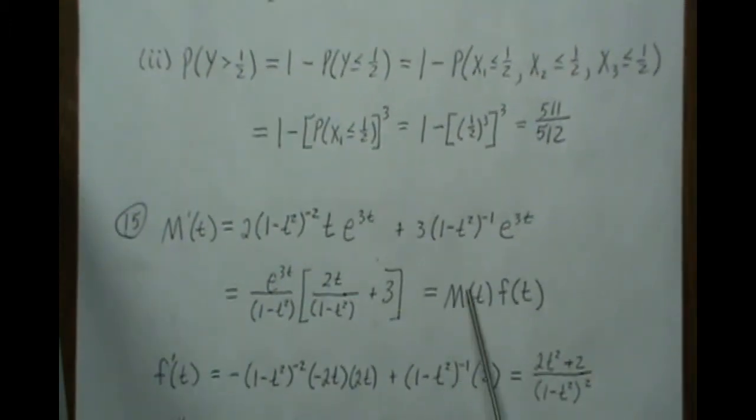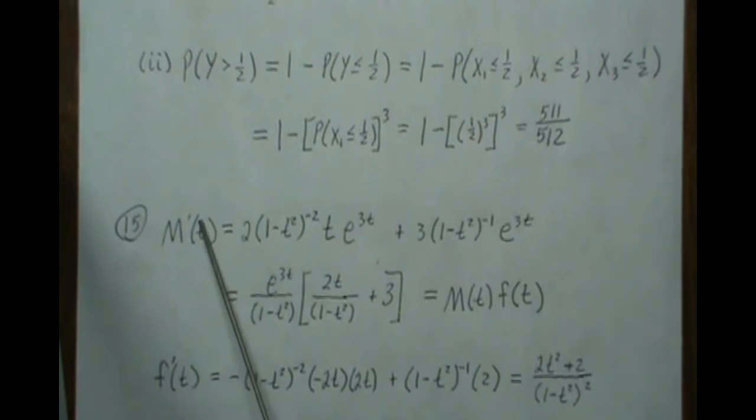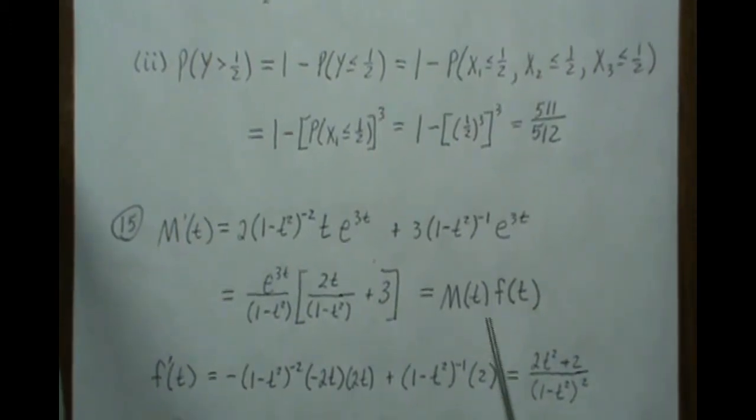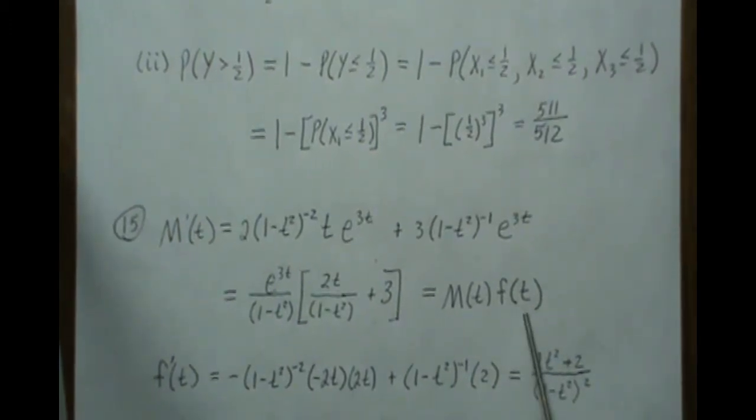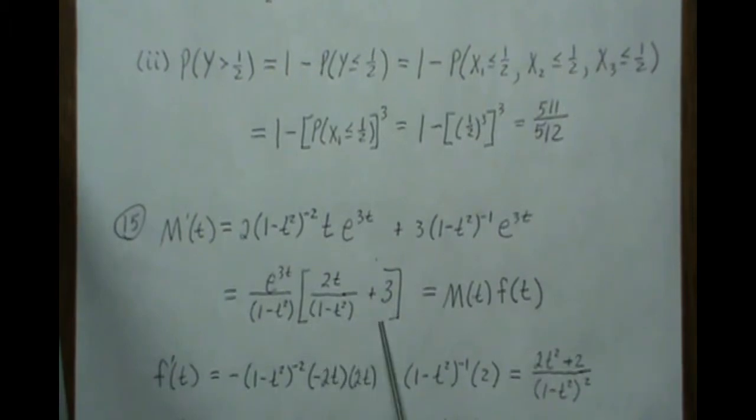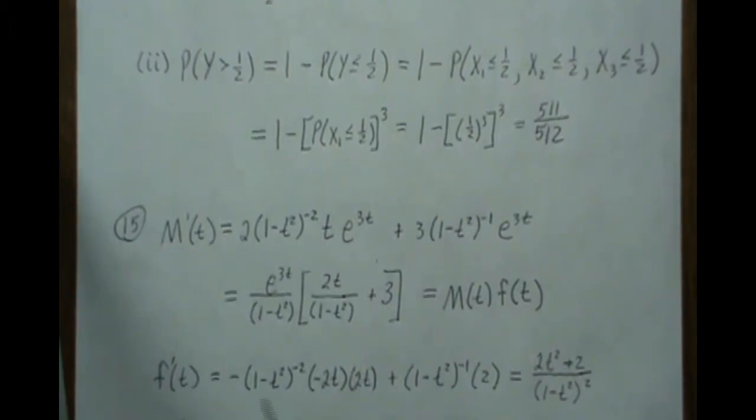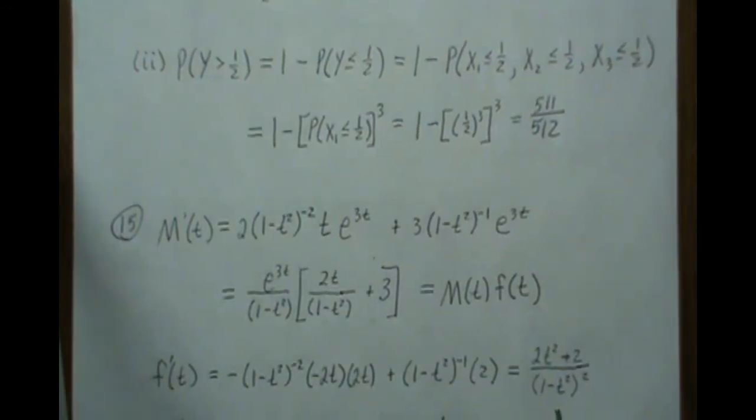Then, because we need the second derivative, let's find the derivative of this piece. I like to take this up, and then it's the derivative of that, then the chain rule times this, plus this, which you brought up, times the derivative of that, which is 2. And you can simplify it to this.